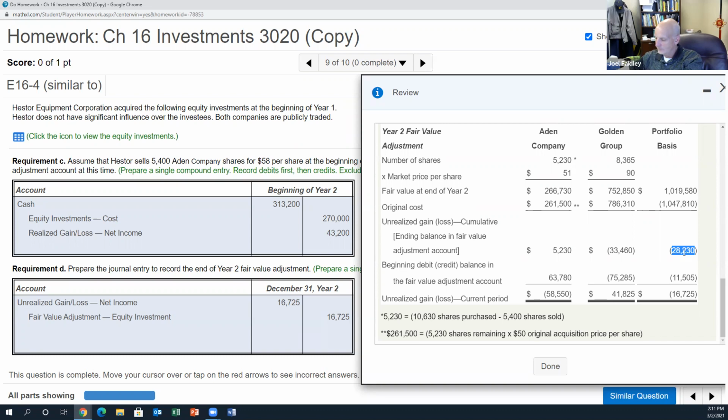And it needs to be 28,230. So we need to make an entry for 16,725. Stop my screen share here.